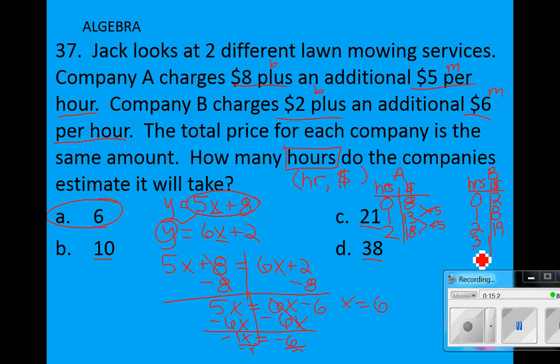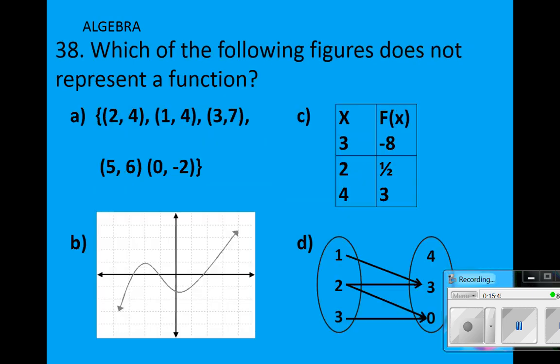If you keep going, you will see that when you get to 6 hours, the Y value would be the same. You keep going until those numbers are exactly the same, and it would be at 6 hours. So A would be your answer choice.